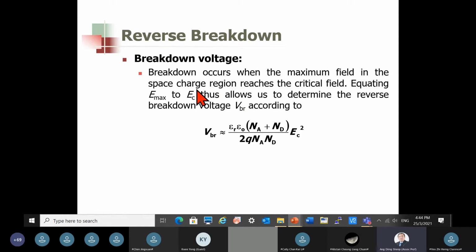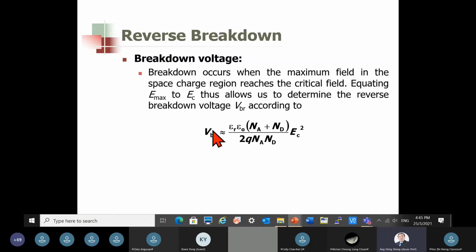By equating Emax to EC, where EC here does not refer to the conduction band but to the critical electric field that corresponds to the onset of impact ionization, the reverse bias voltage corresponds to the breakdown voltage, the voltage at which avalanche breakdown happens.